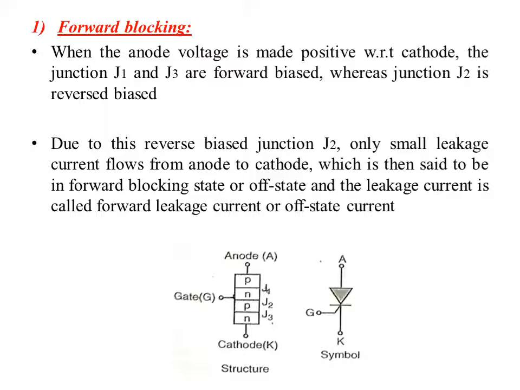Since from these three junctions, junction J2 is reverse biased, due to reverse biasing, leakage current flows from anode to cathode, and junction J2 blocks the current flowing from anode to cathode. Thus, this current is called forward leakage current or off state current.